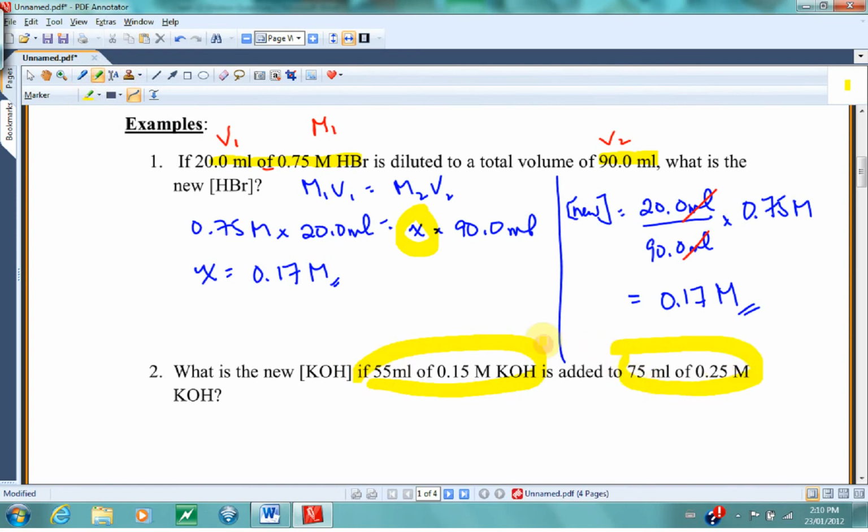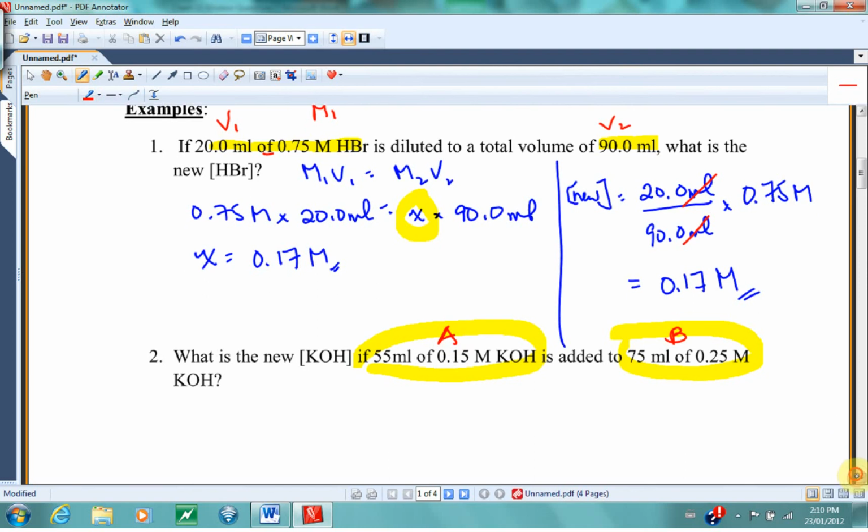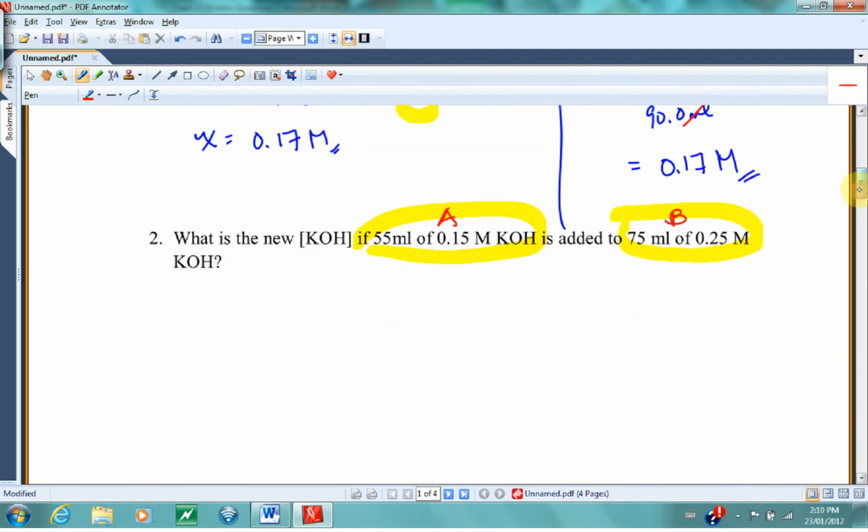So I'm going to label one as A and the other one as B. A couple of things to note is that we now have a total volume. Total volume equals 130 milliliters.